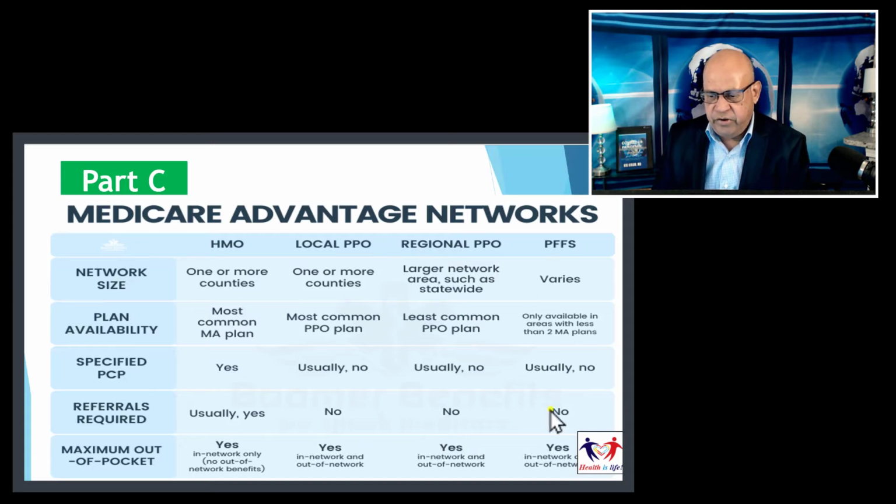And if you can afford it, you can have a fee-for-service arrangement. But again, you have to concur with the doctor that they are willing to accept the payment from a Medicare Advantage plan, unlike Medicare Part A and Part B. Even with Medicare Part A and B, some doctors don't take Medicare at all. So it's best to check with the doctor you're planning to see.